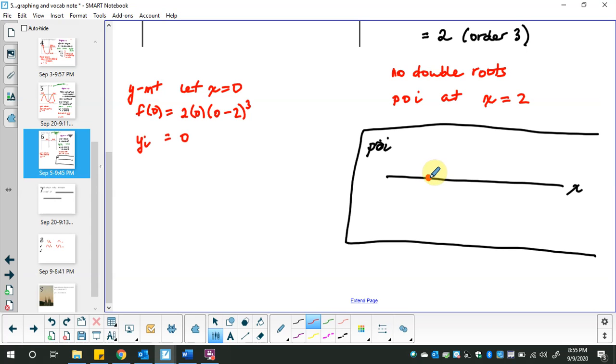You have yourself an x-intercept, and it either starts as a down parabola and switches to an up parabola, or it starts as an up parabola and switches to a down parabola. So that might remind you of the y equals x to the exponent 3 graph from grade 11. That's not a coincidence. Let me get rid of that because it's sort of incorrect.